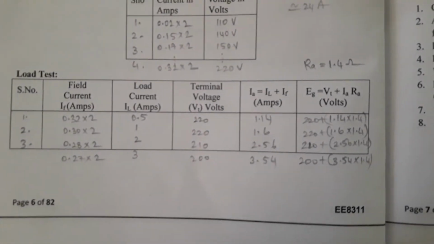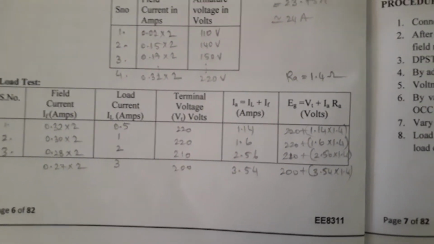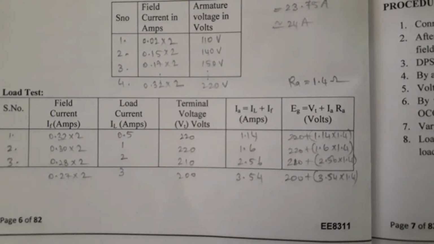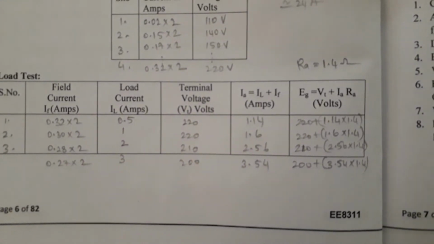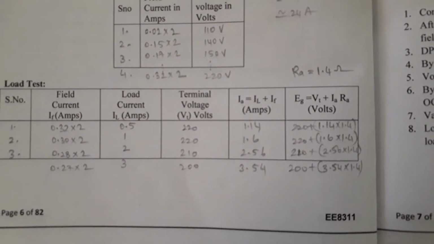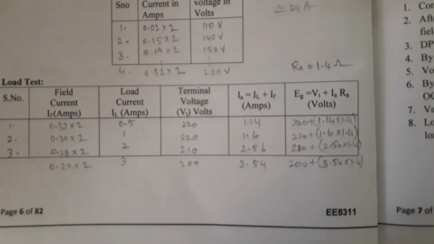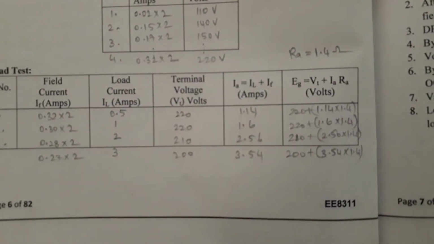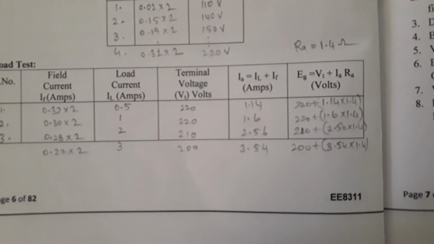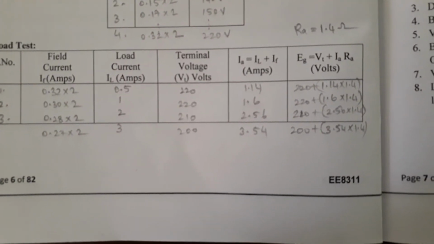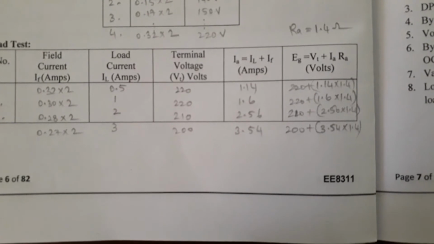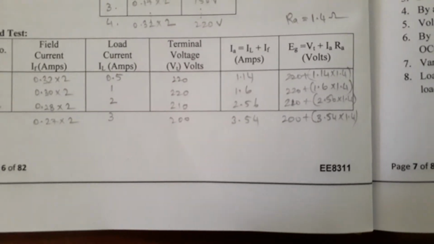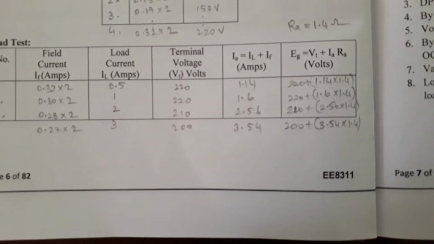Here the generated EMF is calculated like this. Generated EMF is equal to terminal voltage plus the product of armature current and armature resistance. For the first reading, your terminal voltage is 220 plus armature current 1.14 into armature resistance 1.4. For the second reading it is 220 plus armature current 1.6 into armature resistance 1.4. For the third reading your terminal voltage is 210 plus armature current 2.56 into armature resistance 1.4.